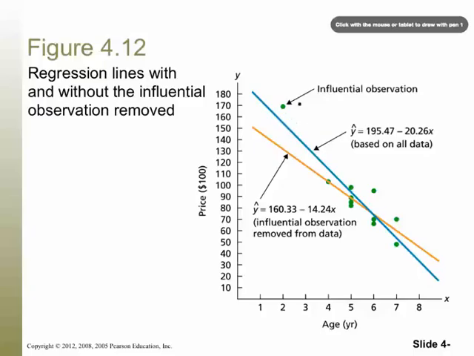It's having an influence on that line. We call it an influential observation. If you removed it, you would get the gold line, a very different trend line. With it included, you get the blue line. Take it out, and you get the gold line. So it's definitely influencing the best fit line.